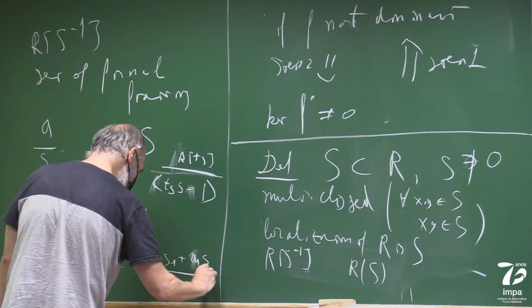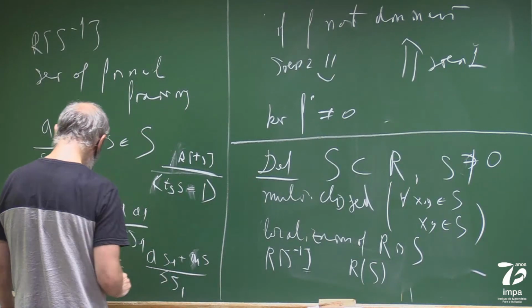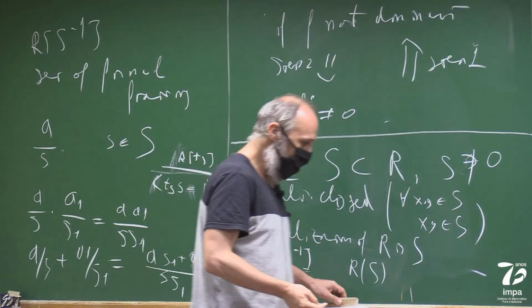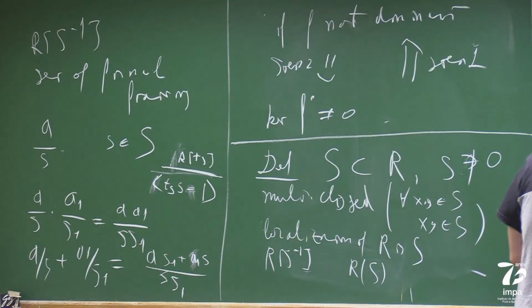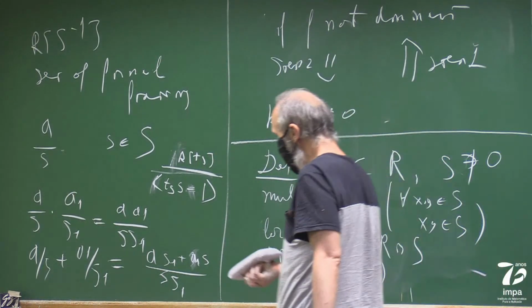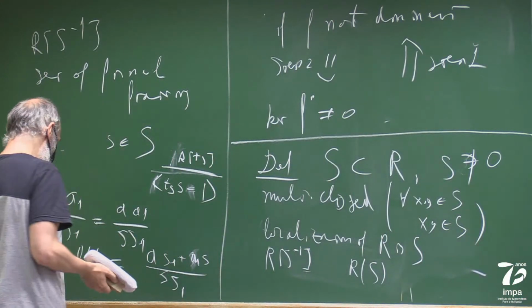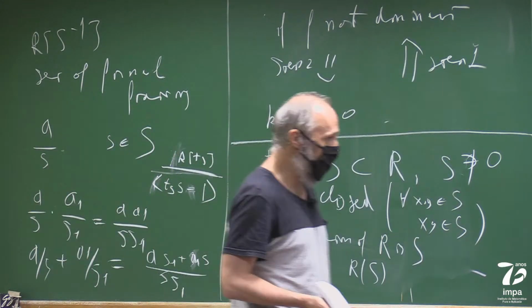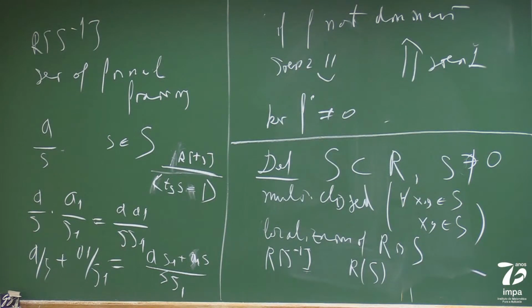divided by s s1, and this is the way people learn how to add and multiply fractions in grade school. So it's very basic, and we just repeat something from grade school in formal variables.